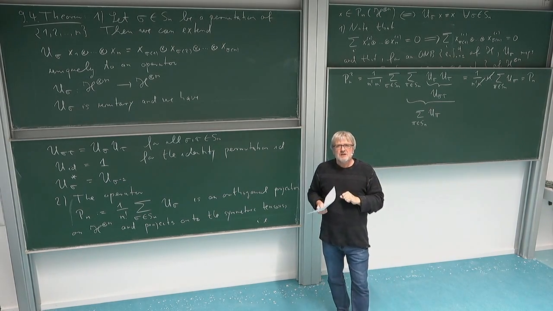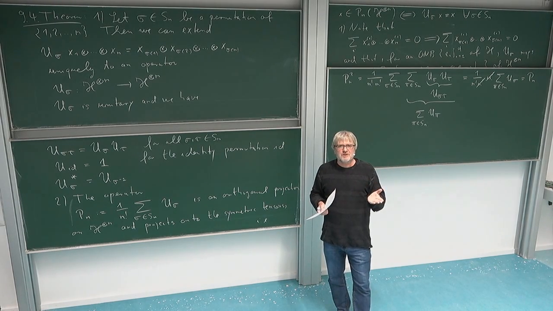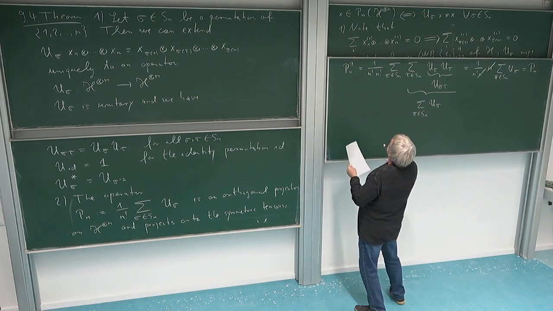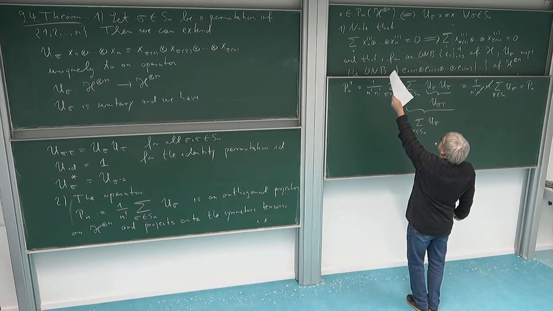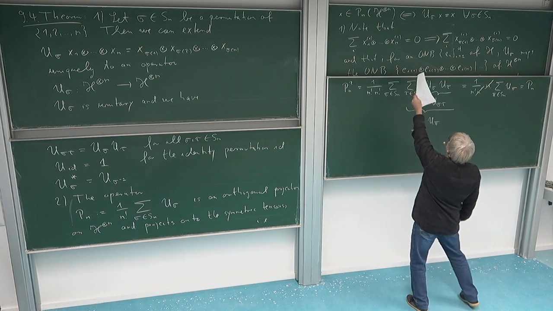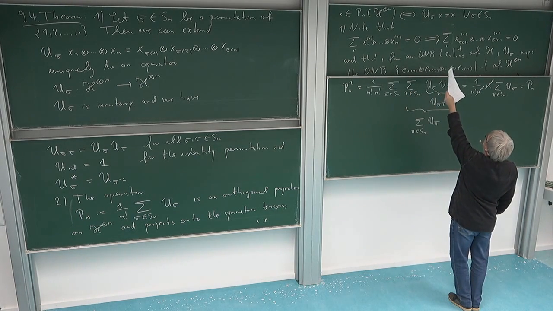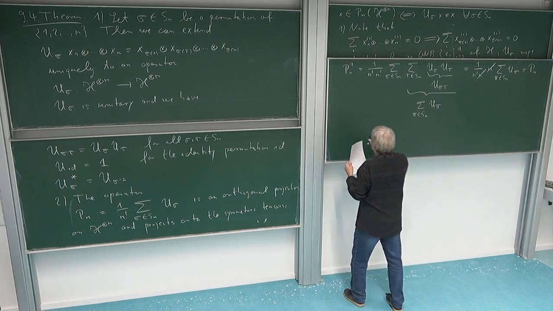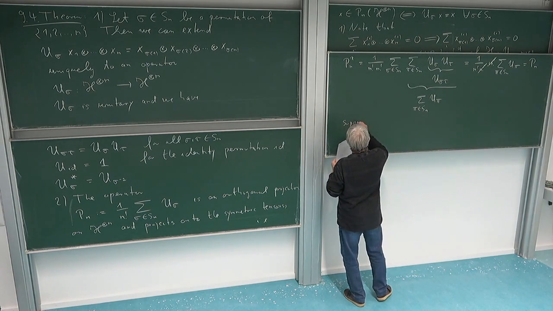And now, the last thing to do is to check that it really projects down onto the objects we are interested in, namely the symmetric tensors. For this, we're claiming that being in the range is equivalent to being invariant under the action of all sigmas. So we have to show two directions.